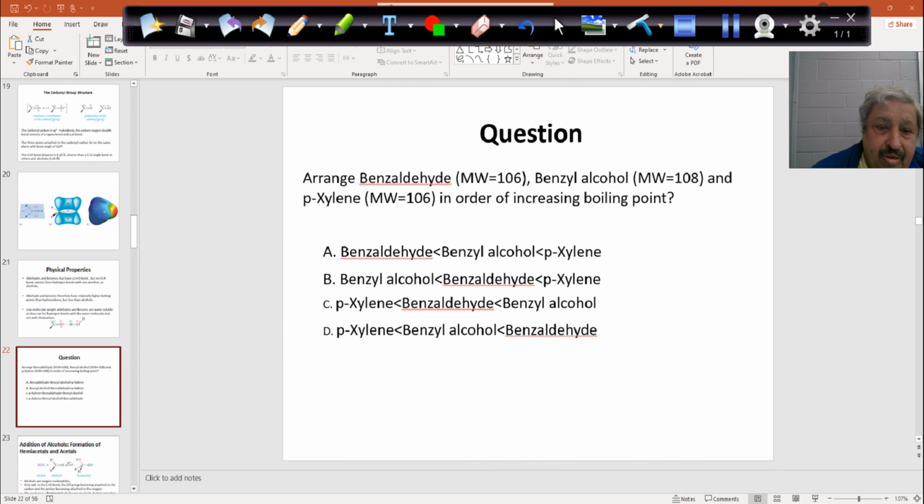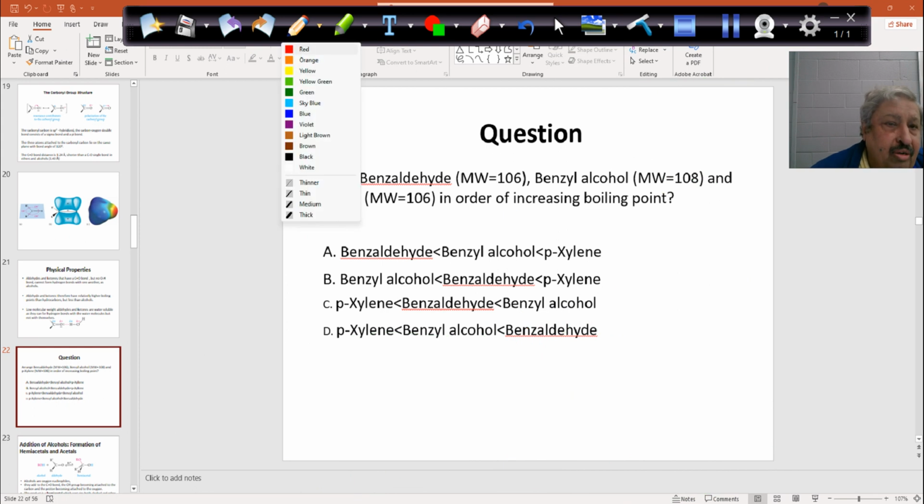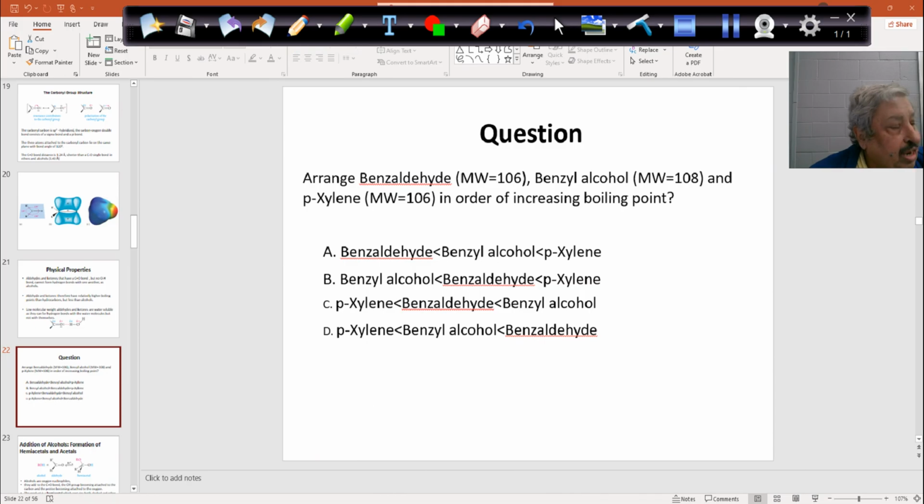Remember always, until we come to carboxylic acid, alcohol will be number 1 in hydrogen bonding, followed by aldehyde and ketones, and then alkanes, alkenes, alkynes, aromatics. Those are the last ones because they are not polar anyway.